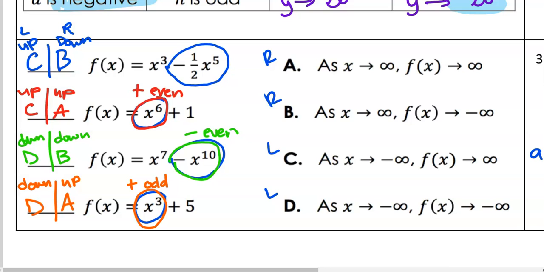I think odd, opposite both have O's, but the word even has 2 E's, like it's the same. That's what I use in my brain, if it helps you. Our last one has x to the power of 3. That's a positive term with an odd exponent. So it's going to finish on the positive side but start on the negative side. So we're going to go down and then up, D and then A.